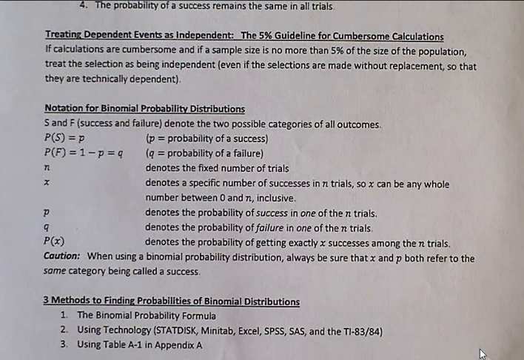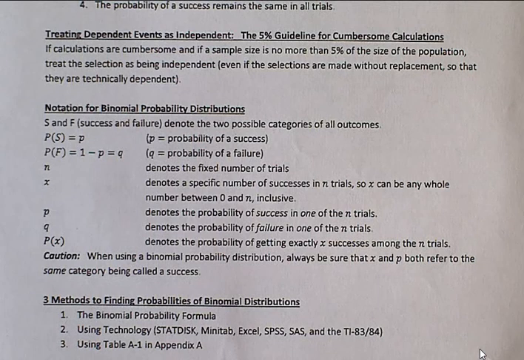Okay, so the last thing on the bottom of that page, it says there are 3 methods for finding probabilities. I'm going to probably just focus on 2 of these methods. There's the binomial probability formula. There is technology, and we're going to focus on how to use the TI-83/84.